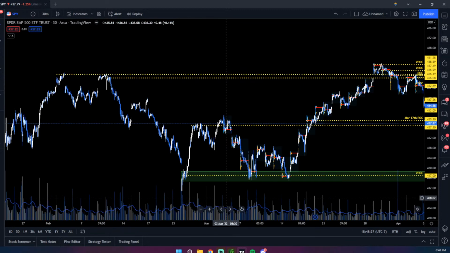So hopefully everybody understands the psychology of POCs and VPOCs now, and why they act as such strong magnets for price, and why they act as support and resistance as well. Nobody's typing, so I'm just assuming that everybody's on board and understands.